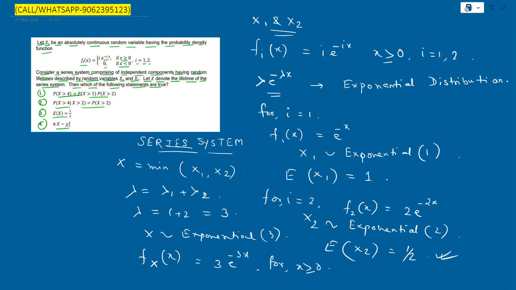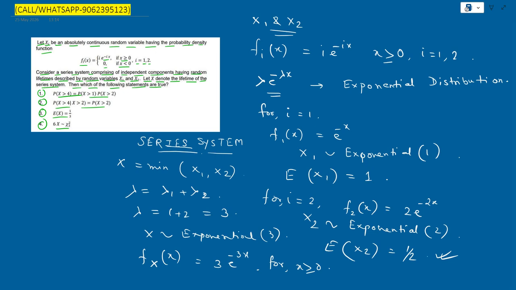Now, let's check the options. Option 1: probability of X greater than 4 equals probability X greater than 1 into probability X greater than 2.